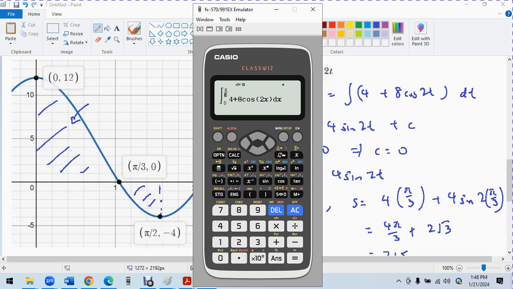But I must change the calculator angle unit to radian.